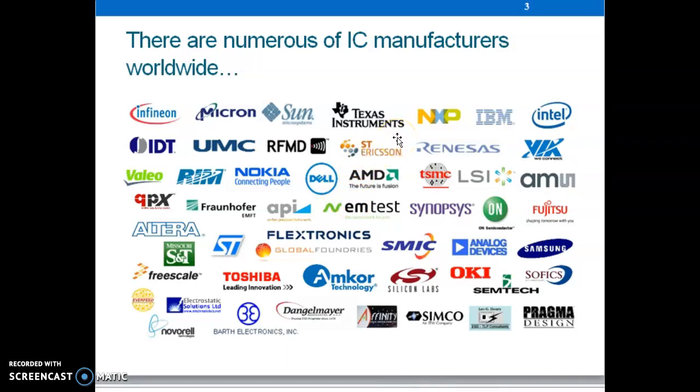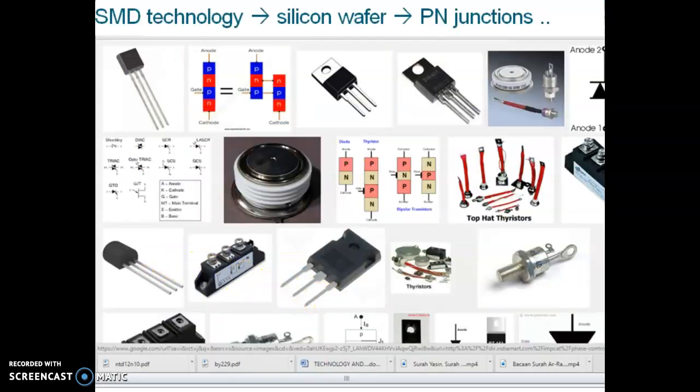We can see that there are numerous IC manufacturers in the market, up to hundreds of them, producing the same device with the same part number but different characteristics. If we search on the website, the devices that come up are quite small compared to the earlier age of the power electronic processor device.